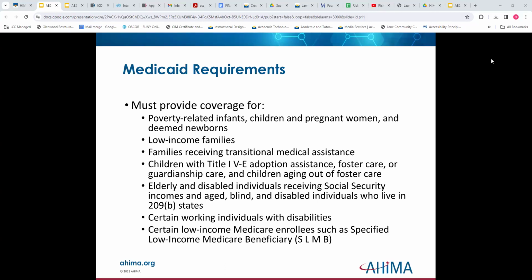So you can have patients that have both Medicare and Medicaid, certain working individuals that meet disability requirements, and other low-income Medicare enrollees as specified low-income Medicare beneficiaries.